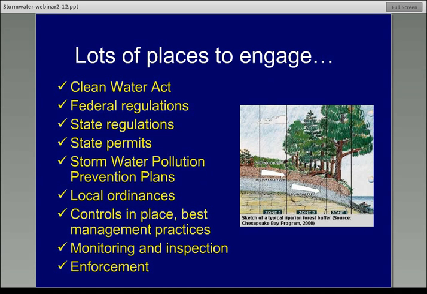When we are looking for what actual best management practices on the ground are happening, we're looking at different ways that monitoring and inspection for compliance can happen. And then we have enforcement. So we really do have all these different levels, and it causes the program to be much more complicated in many ways than the basic NPDES wastewater program.